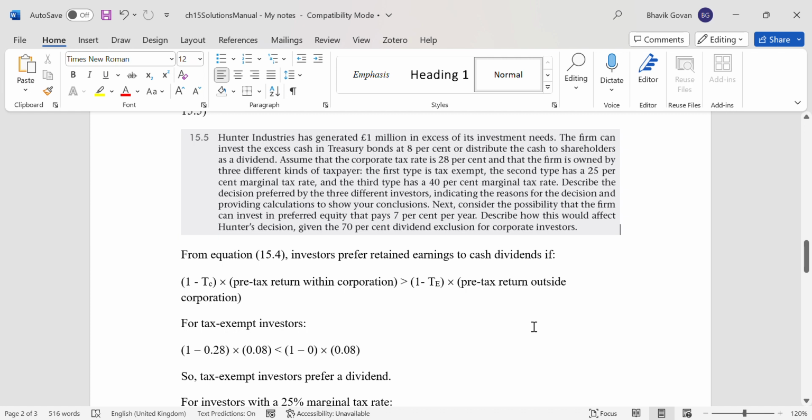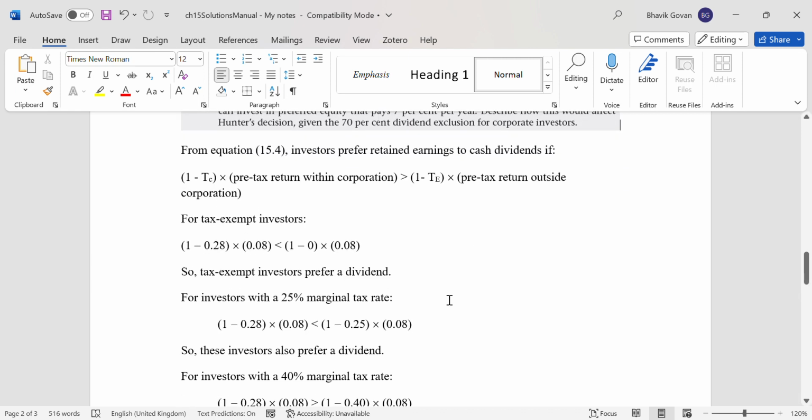For the tax exempt investors, on the other side of this inequality, they don't pay taxes on dividends, so it'll be 1 minus 0. And the pre-tax return outside the corporation will be 8% again, which is what this question assumes. So the tax exempt investors, in this case, would prefer dividends based on this inequality.